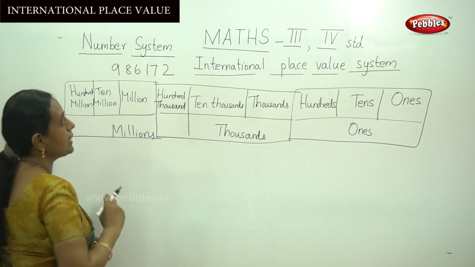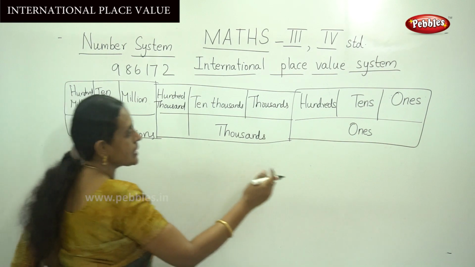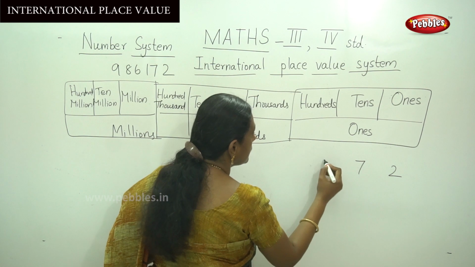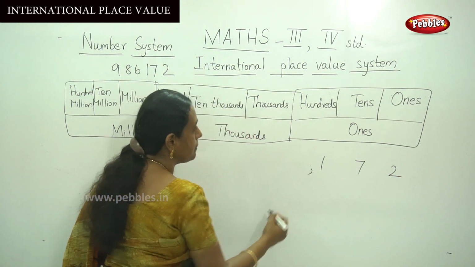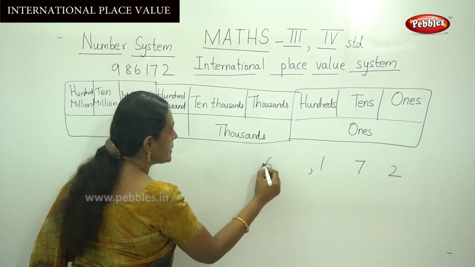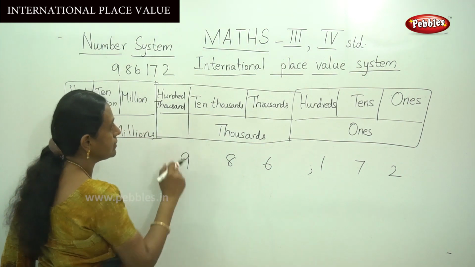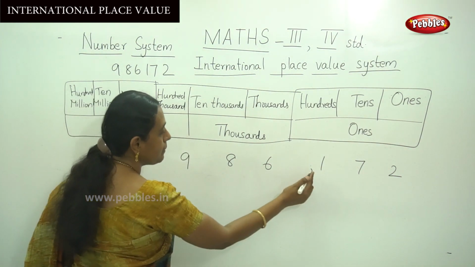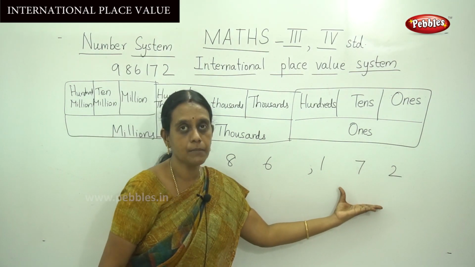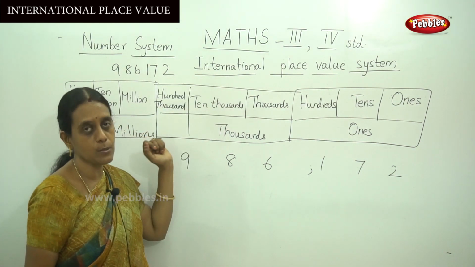How can we arrange this? Let me see. First, similar to ours, go from right to left. So arrange here 2, 7, 1, insert a comma. And next one 6, 8, 9, 8, 6. But you have to insert a comma after finishing 3 digits in the international place value system.